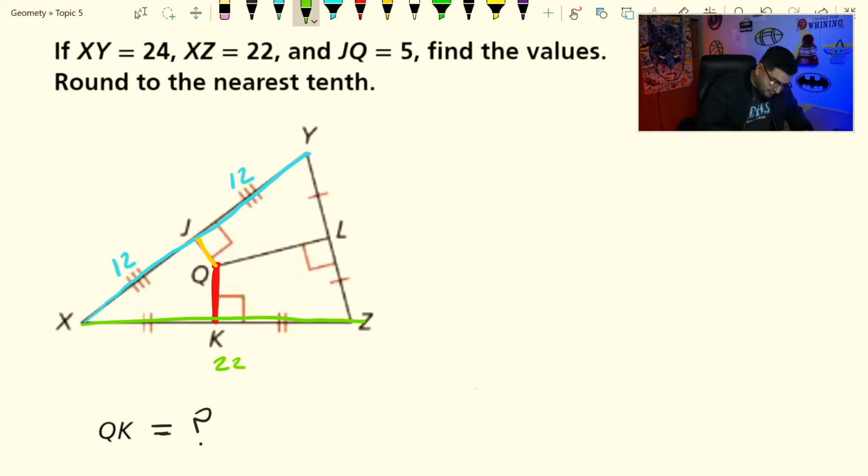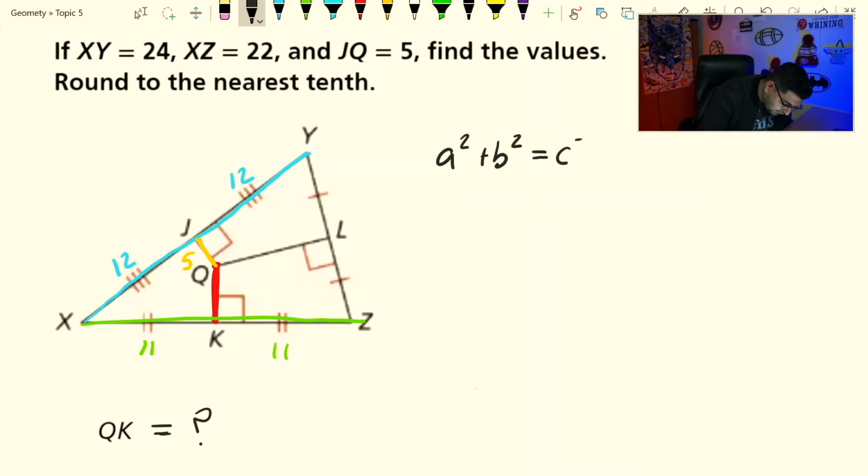In the same way, they told us that XZ was 22, but really that's another way of saying that this piece is 11 and this piece is 11. And then JQ was 5. So what we're going to do here is use the Pythagorean theorem, because what we really want to know is the length from all of these vertices to the circumcenter.